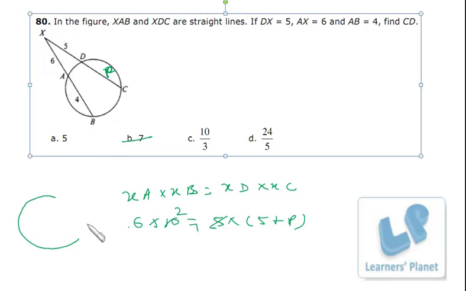Whether they meet internally like this, we have already discussed the problems, then OA into OB will be equal to OC into OD. The same concept, if they are meeting outside the circle, then also XA into XB is equal to XD into XC. The product of their segments will be equal.